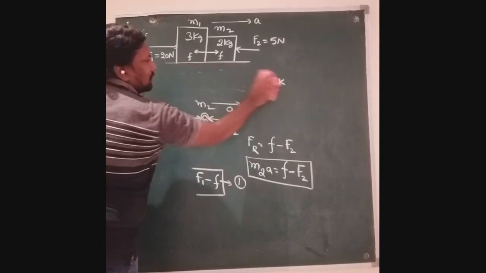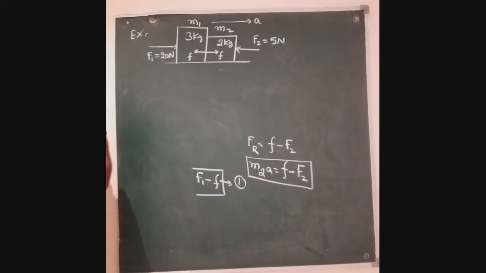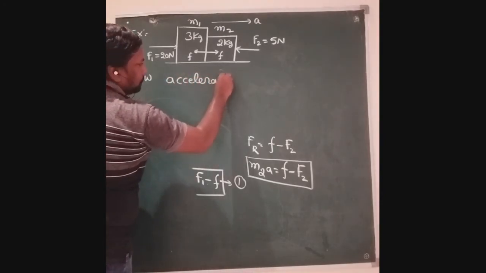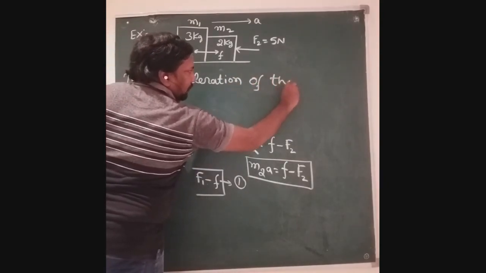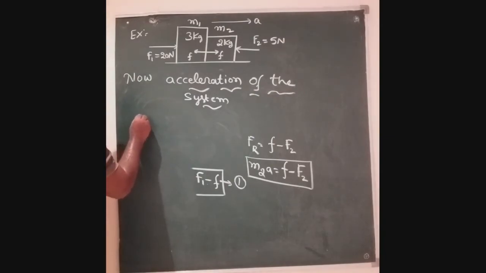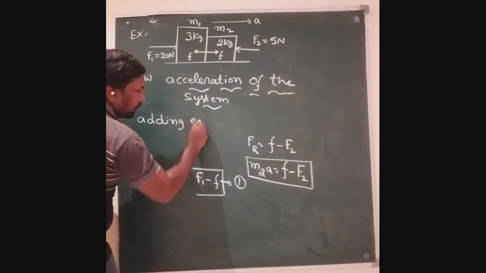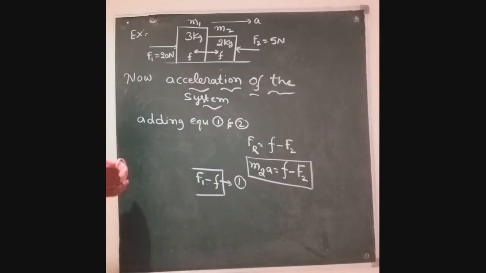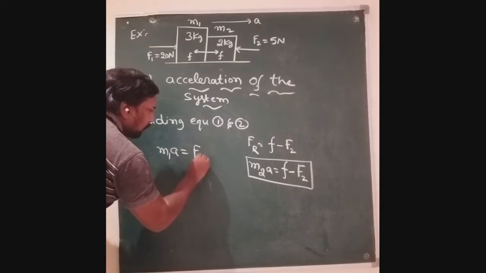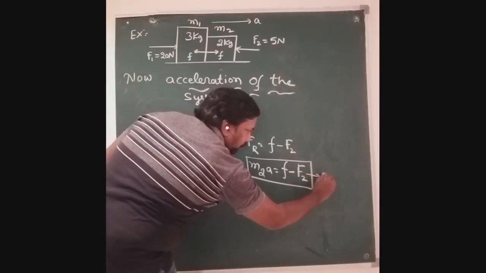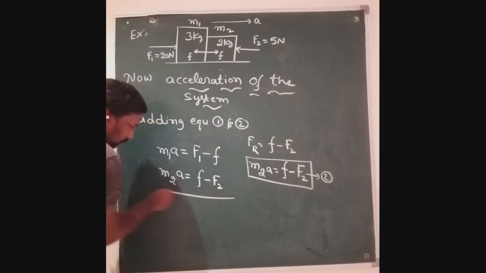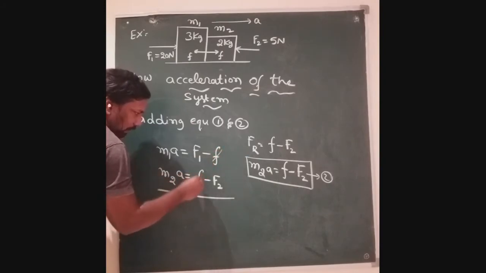Now the acceleration of the system. Adding equations 1 and 2: equation 1 is M1a equals F1 minus small f, and equation 2 is M2a equals small f minus F2. Therefore the small f minus small f cancel.